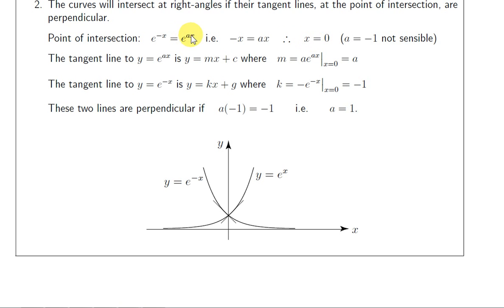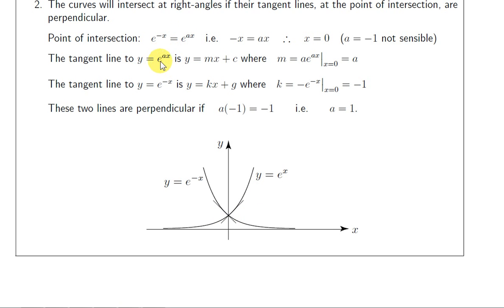But we have a constraint on a. A can't just be any old value, because we want the curves to intersect at right angles at x equals 0. So we will be interested in the slopes of the tangent lines to both curves at x equals 0. So let's get the slope of the tangent line to the curve y equals e to the ax.